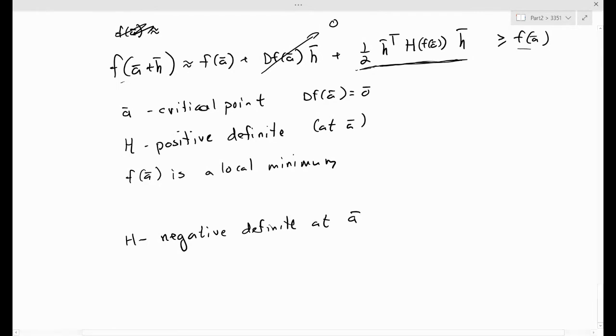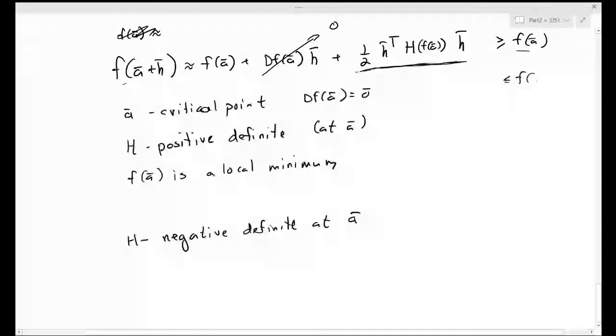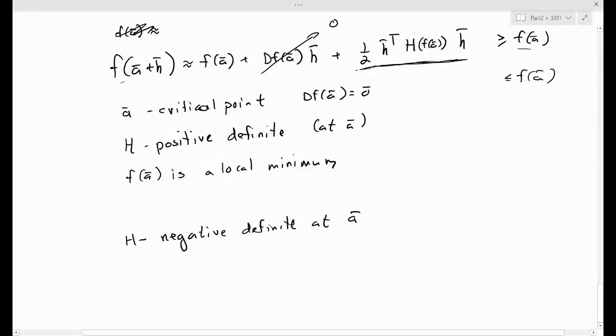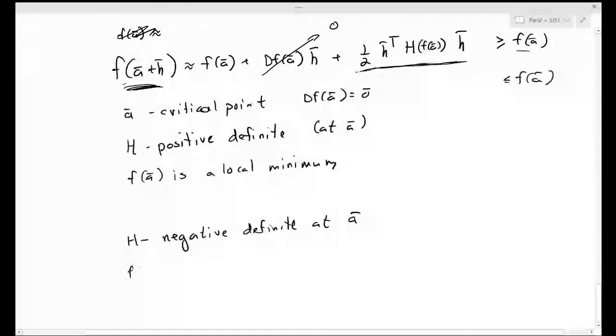It's not 0. So this would be negative. So if you drop that negative term, the result will be bigger than what we had before. So it looks like f of A is going to be bigger than f at some point around A in a sufficiently small ball. So then we say f of A is a local max.